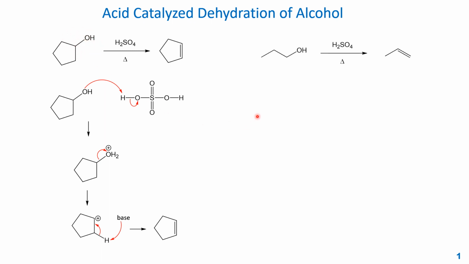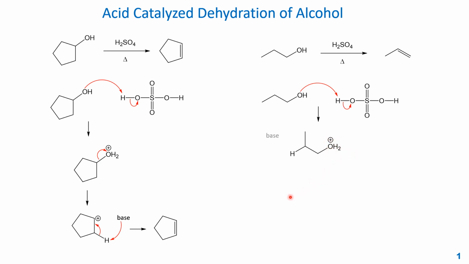For primary alcohol, although the reaction also gives the alkene as a product and the condition is the same, the mechanism will be different, more like an E2 type mechanism. I will use the example of 1-propanol, and the first step is also protonation. That's the same. And then the hydroxyl group will be converted to a better leaving group, water.